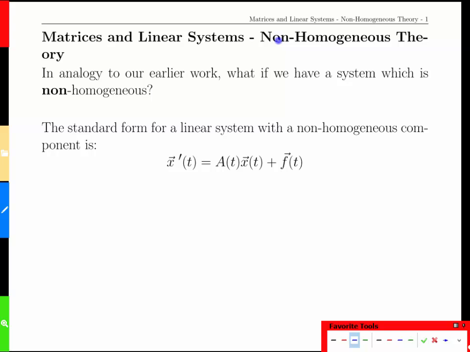For a moment, we're going to return back to some theory and focus on the particular problem of a non-homogeneous differential equation. We haven't used the terminology yet, but as you might expect, when we just have x related to itself, this is a homogeneous first-order system, because x is related to itself with no extraneous or external factors.